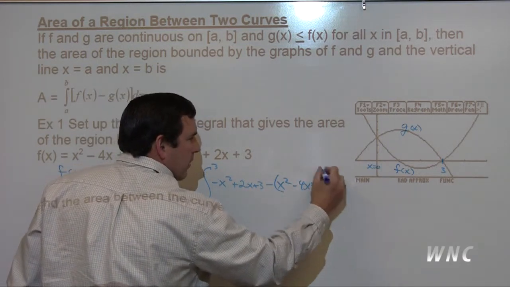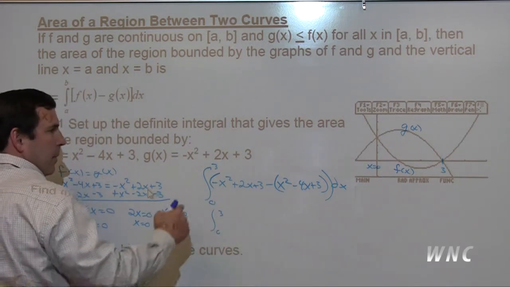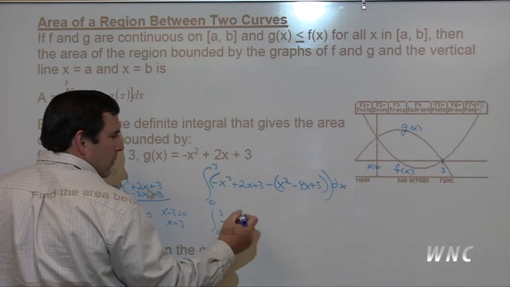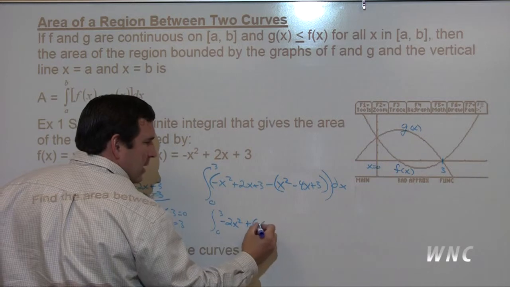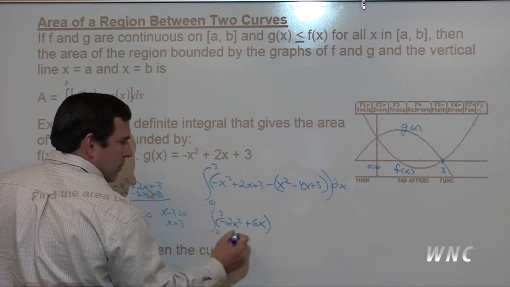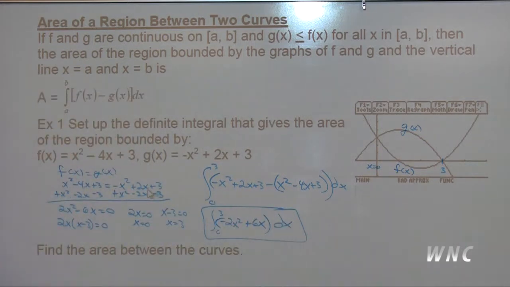We have to distribute this negative. So it's the integral from 0 to 3 of what? Negative x squared minus x squared is minus 2x squared. 2x minus negative 4x is plus 6x. 3 minus 3 is 0. So there is the integral we had to set up. That was the first part. Set up the integral.